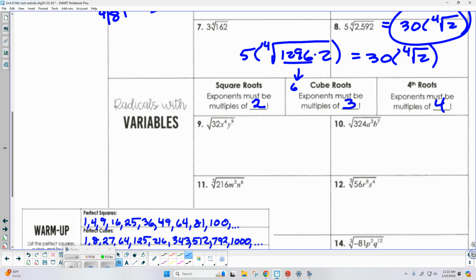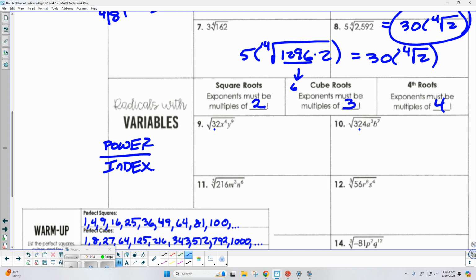Now, as far as the numbers go, the 32, the 324, exactly what we were just doing. You're going to look for the perfect root that's going to divide it. You're still going to simplify it. But when it comes to the variables, you're going to take its power and divide it by the index. That's the key. Sometimes it's going to divide evenly, and you're going to be good to go.